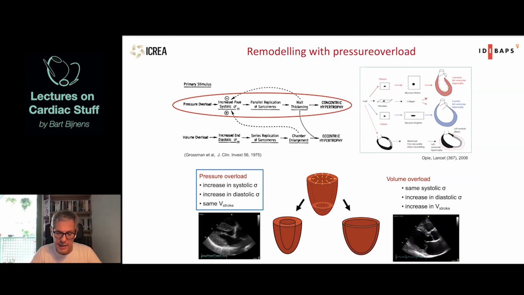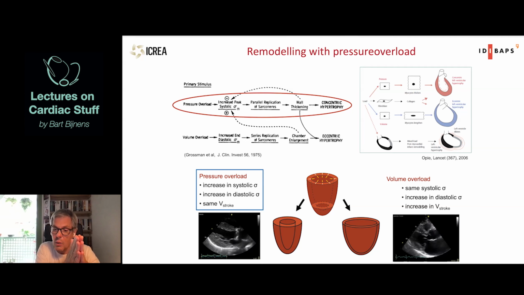So what type of remodeling is then taking place? When we have increased pressure loading, you get an increase in the systolic wall stress. Your pressure increases, and even if you have a little bit of shape change, the wall stress, when we look at the individual myocytes, will increase.